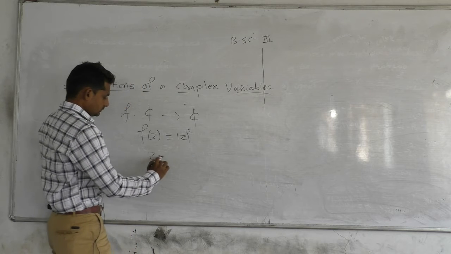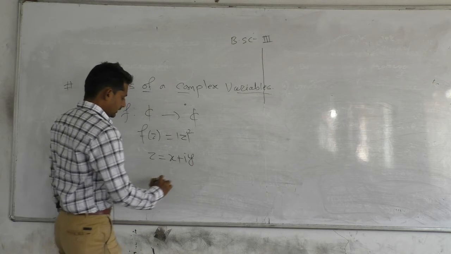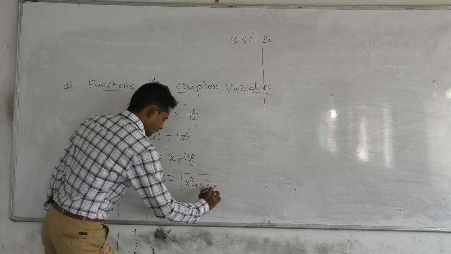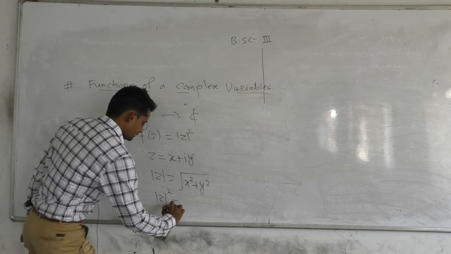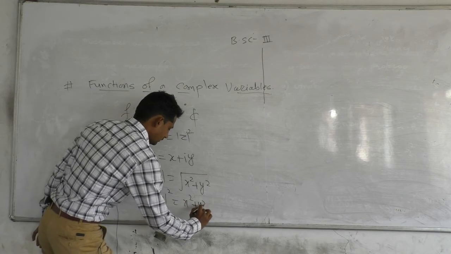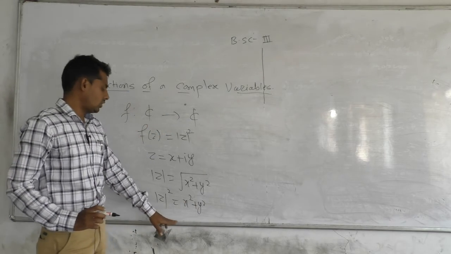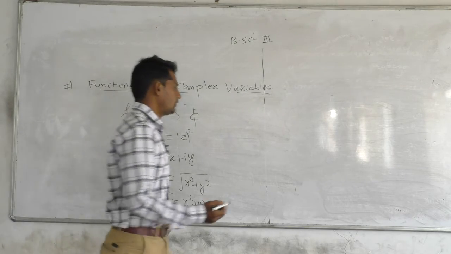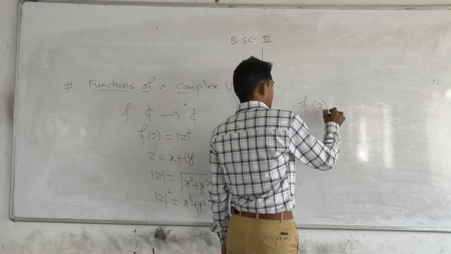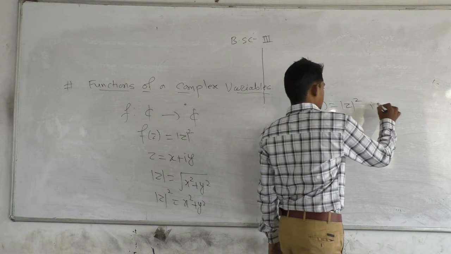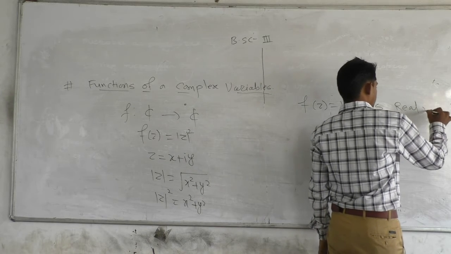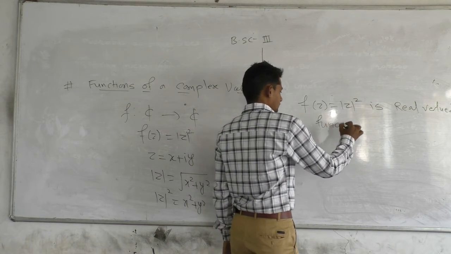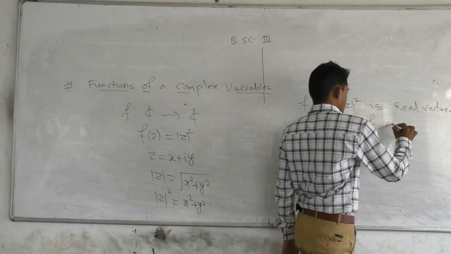We know that z = x + iy, then mod z is the square root of x squared plus y squared, and mod z squared is equal to x squared plus y squared. This is a real valued function of complex variables.